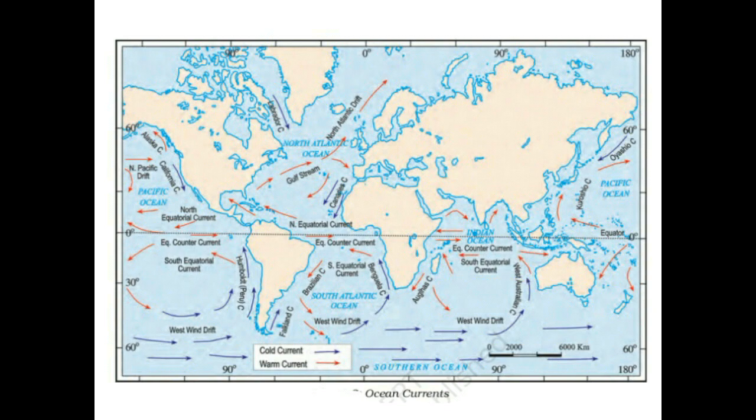In this map, we can see different ocean currents. The arrows of red color show the warm ocean currents, and the arrows of blue color show the cold ocean currents.